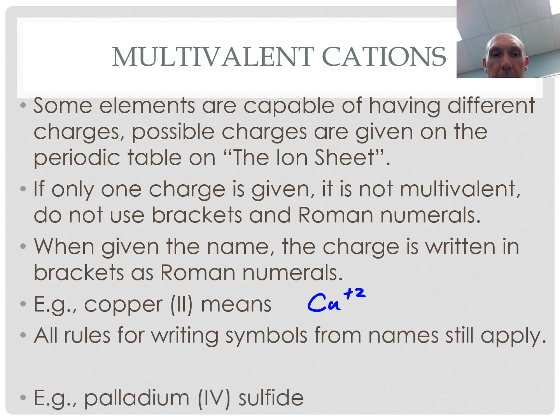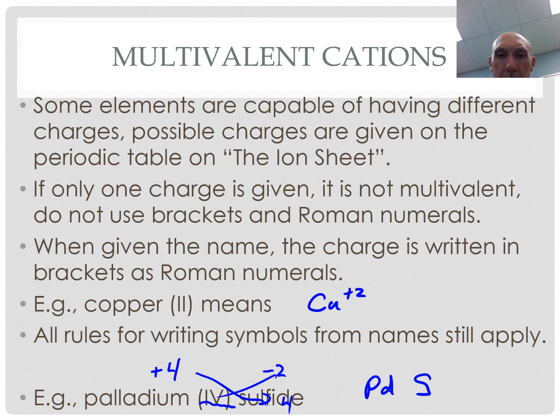So if I look at palladium(IV) sulfide and I want the symbol, palladium has a charge of +4. I don't need to look at the periodic table because the Roman numeral gave me the charge +4. Sulfur is in group 6. 6 minus 8 is -2. Palladium is Pd. Sulfur is S. We're going to do the crossover rule.